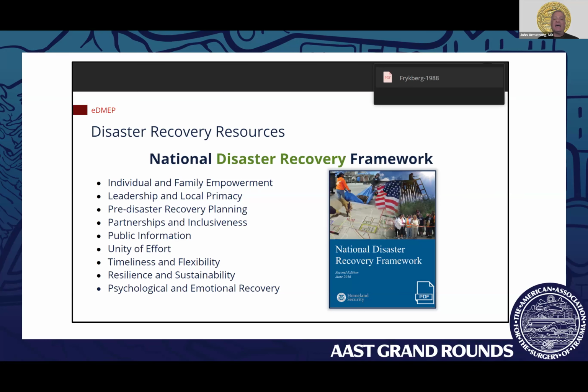Importantly as well, you would see in this top right corner a resources button, which when you click it would bring you to Rick Freiberg's seminal article on readiness for mass casualties from 1988.